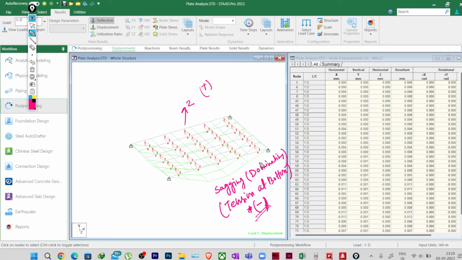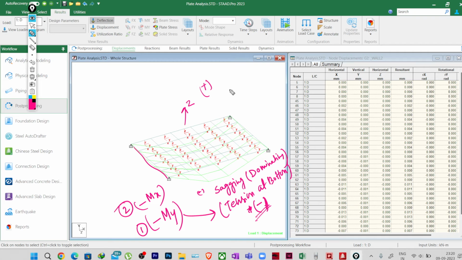Another interpretation is that the negative my will be dominating, and also the negative mx will be dominating, if you see the bending like this. Fine, first this, second this. Negative means bottom face moment, and for this moment we will be calculating the bottom reinforcement, not the top reinforcement.